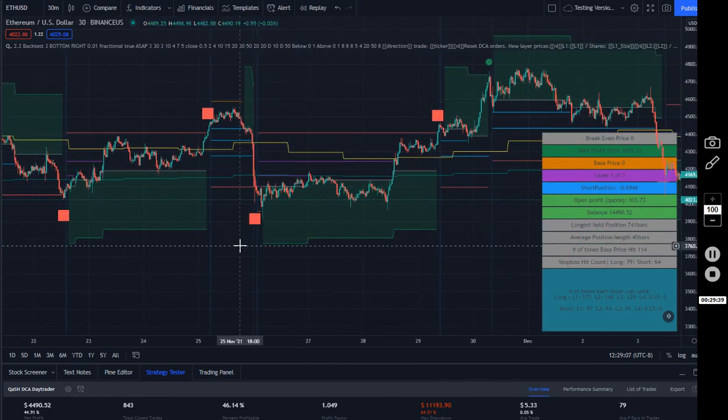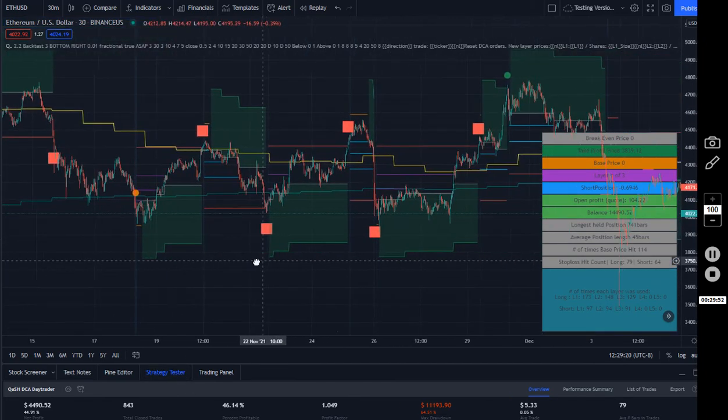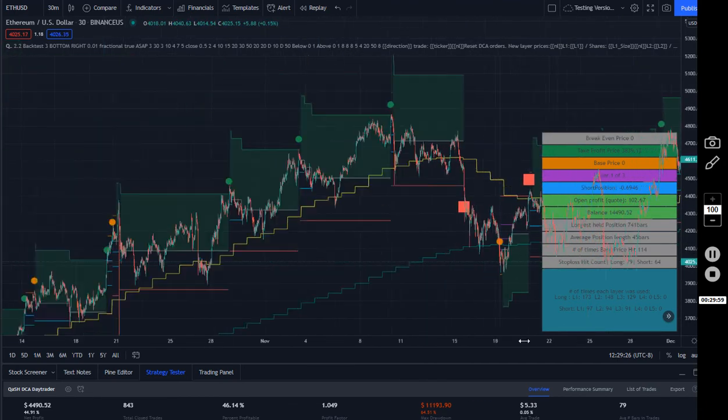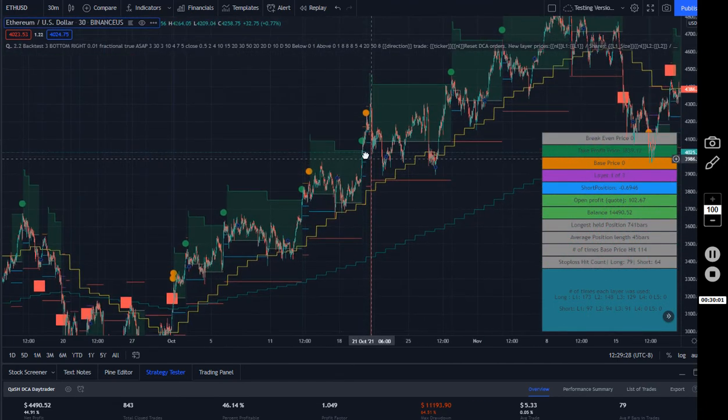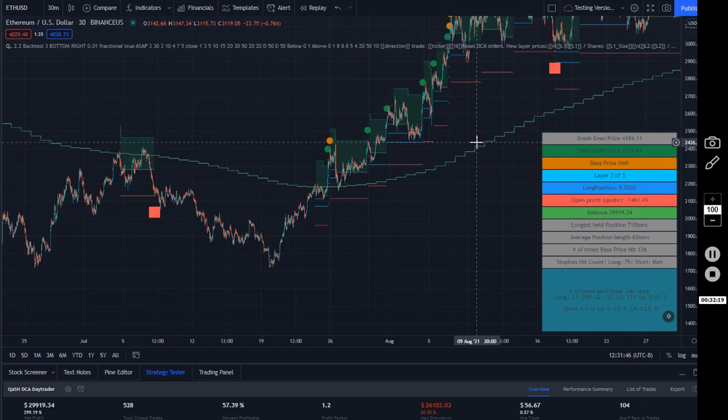But down here, take profit is below the price action, and you can see that there's purple DCA lines here. So that signifies you're in a short trade. And this price action here is not very pretty. It just hit stop loss, stop loss, stop loss, stop loss, stop loss. But when you're in a bullish trend, it is making money.